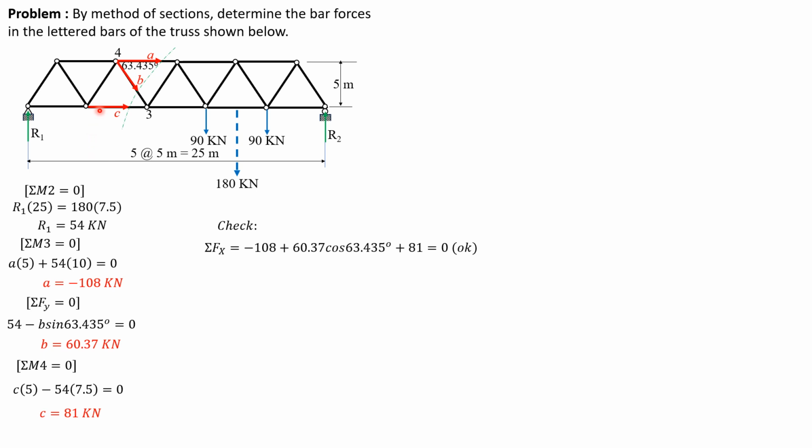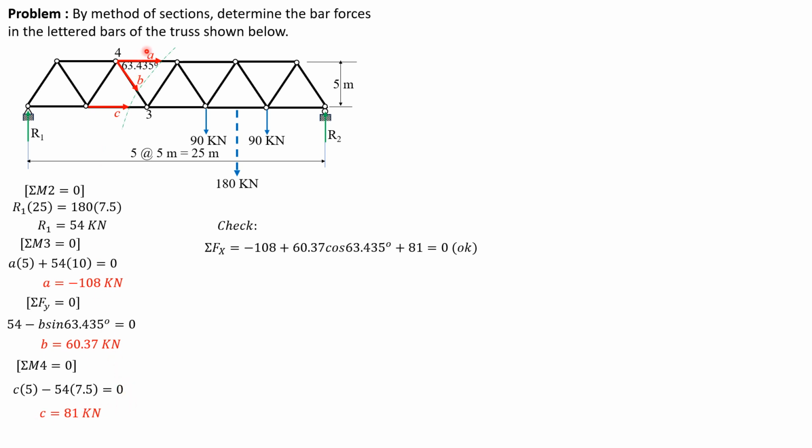Finally, to solve for the bar force of C, we sum up moments about 4 equals 0, counterclockwise positive. Summation of moments about 4 equals 0: C times 5 minus R1, 54, times 7.5 equals 0. So C is 81 kilonewtons.